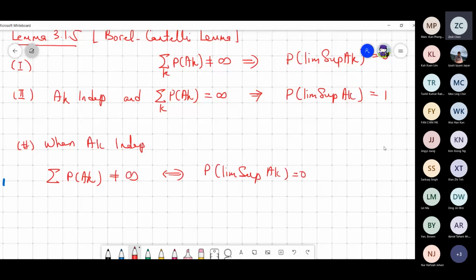Alternately, the sum is infinity if and only if P of the limit supremum is equal to 1.